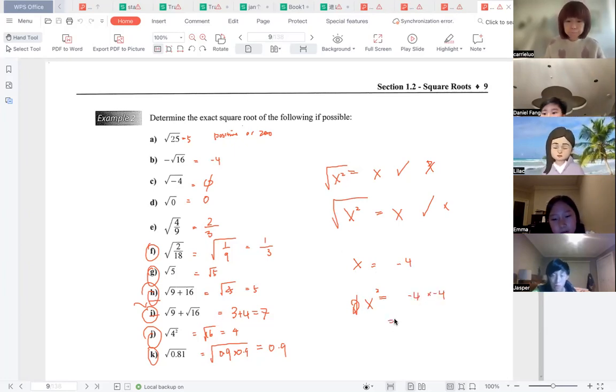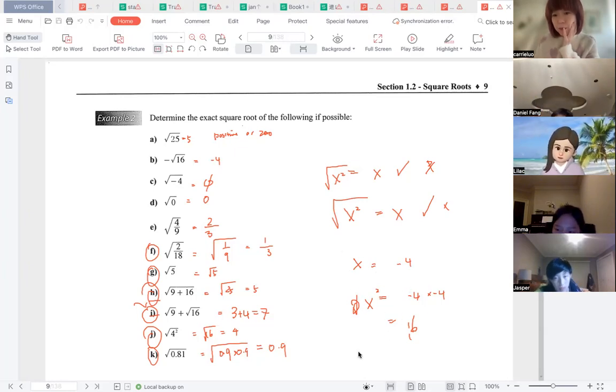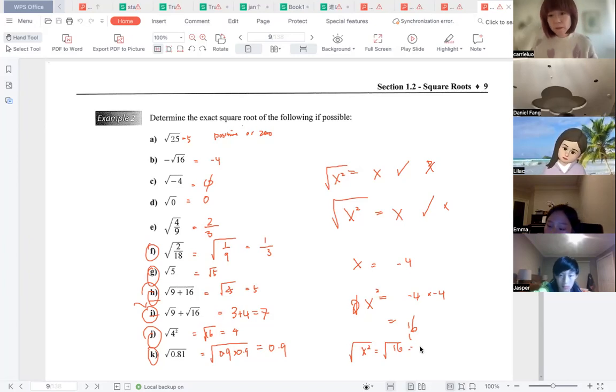Daniel. 16. Very good. Emma, remember you told me negative times negative equals what? Positive. So Jasper, if x equals -4 and x squared equals 16, the square root of x squared equals the square root of 16 equals what? Equals 4. Very good.